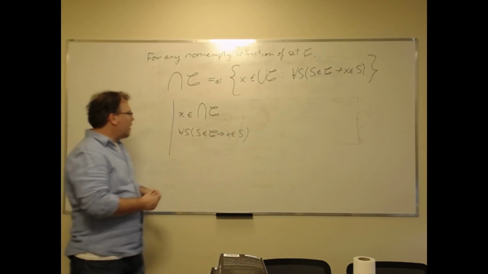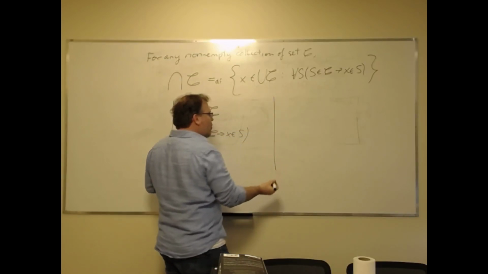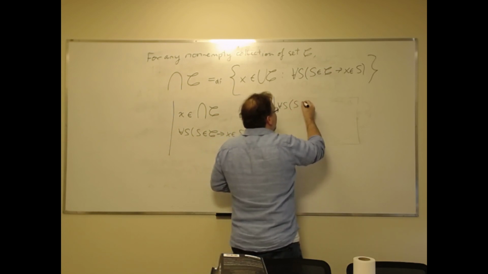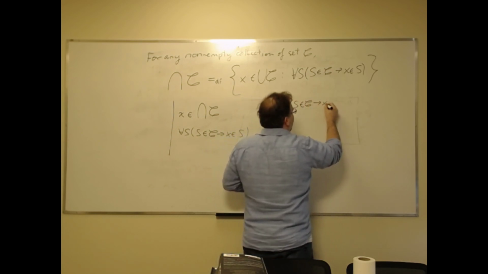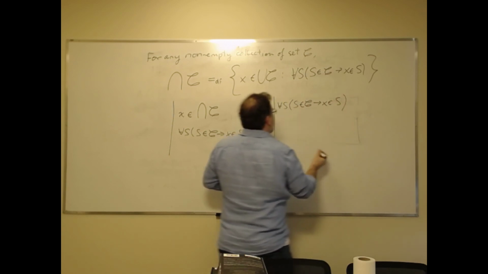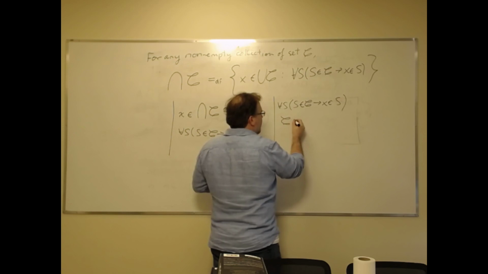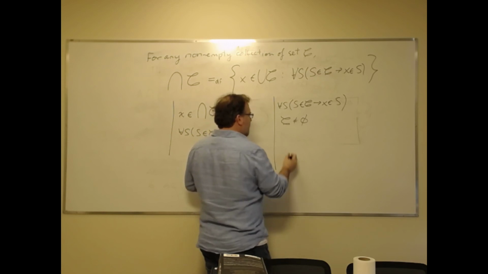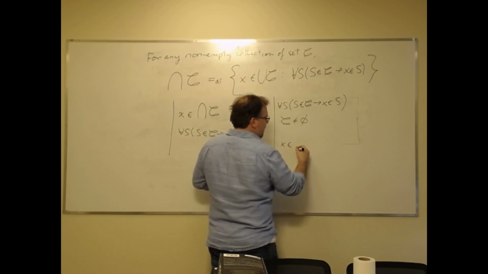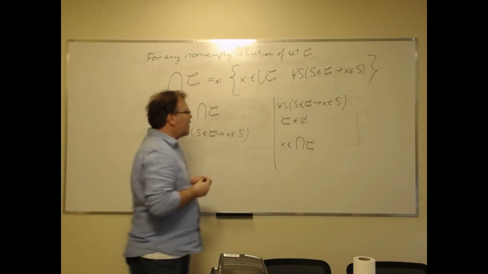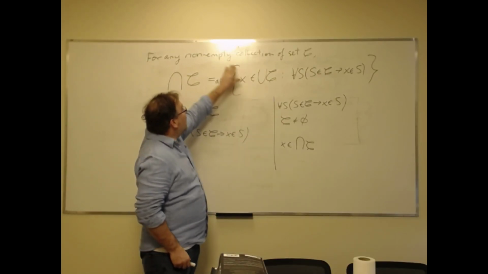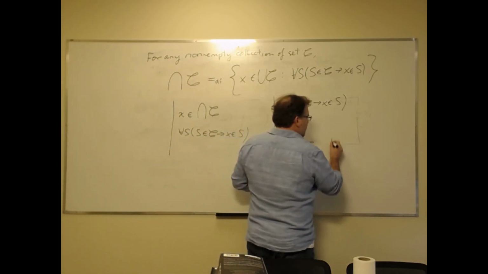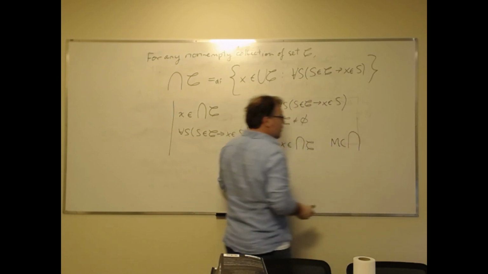That's what it means. And the other way around is not quite just flipping things around, but almost. So if S is in the collection, then X is in S. But we also want to specify that the collection of sets is not empty. And if we have both of those things, then we can say that X is in the intersection of the collection. We have this second part just because the definition doesn't apply to empty collections. So both of those rules are just membership conditions for the intersection.